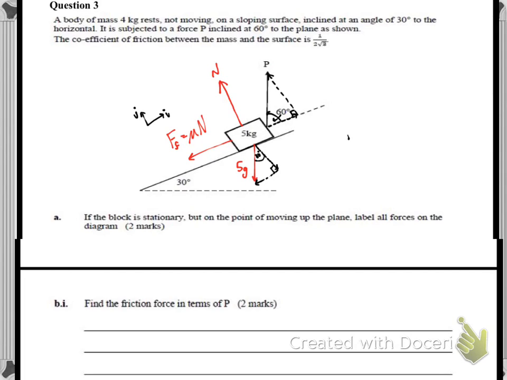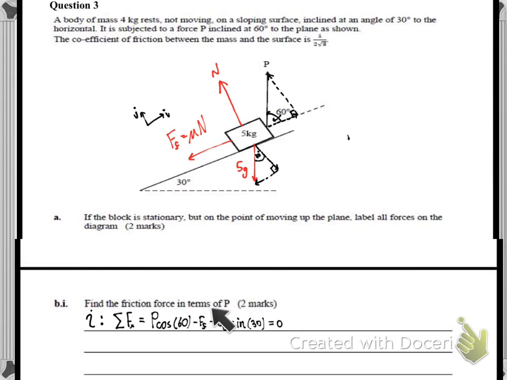Okay, so now let's see if we can find the friction force in terms of P, P being the applied force that's pulling up the plane. Now let's look at the i component of the equation of motion on the mass. So the sum of all the forces is going to be the cos component of P, adjacent to the angle, and we subtract our friction force.